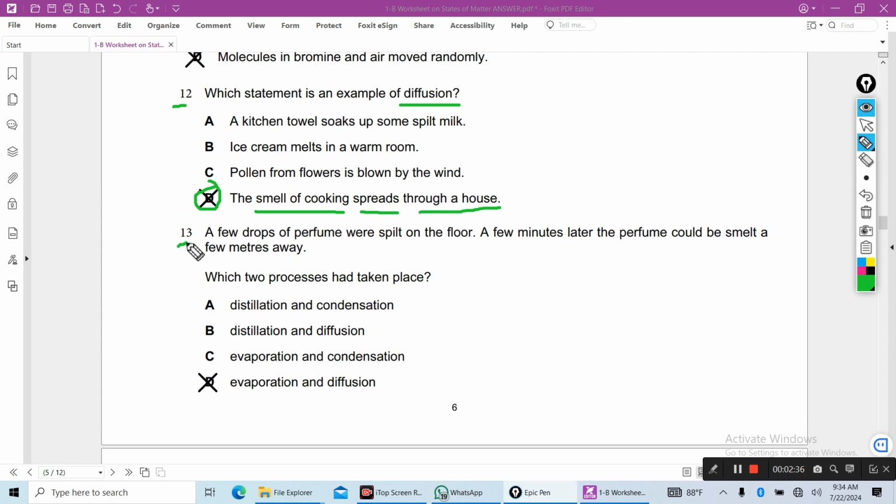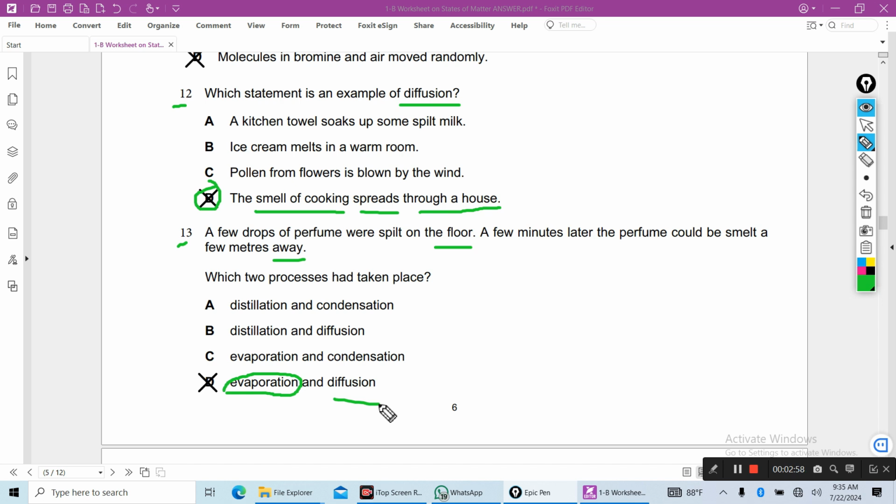Number 13. A few drops of perfume were spilt on a floor. A few minutes later, the perfume could be smelled a few meters away. That means diffusion happened. So perfume particles evaporate and diffuse and they move randomly.